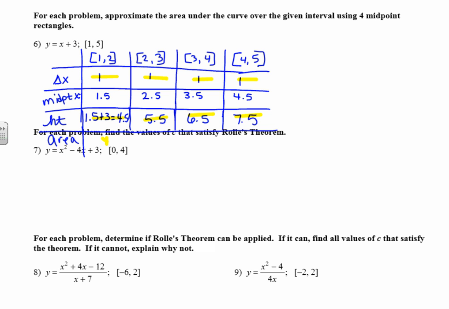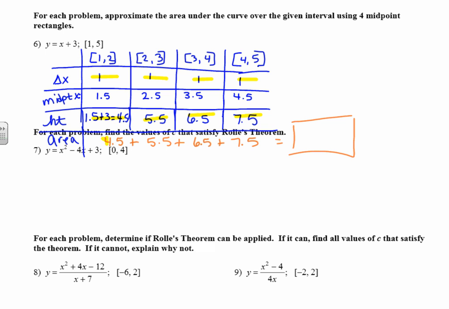So I'm going to have 1 times 4.5 gives me 4.5, added with 1 times 5.5 is 5.5, added with 6.5 times 1 is 6.5, added with 7.5. You add them up, and you're going to have unit squared for label.